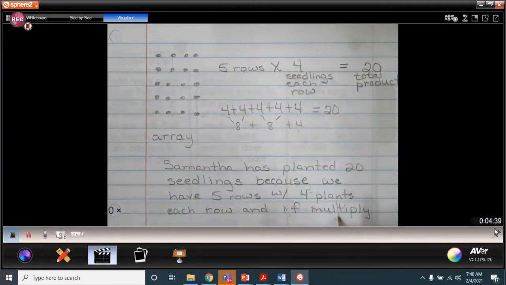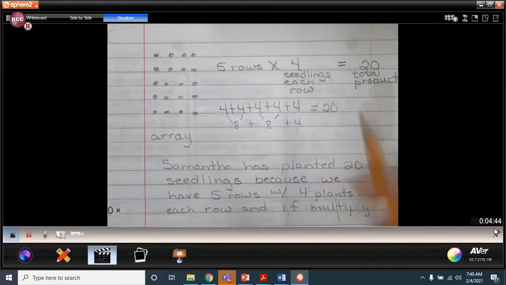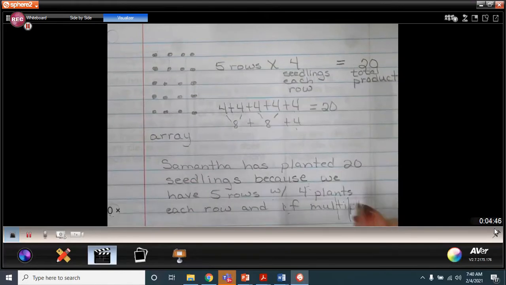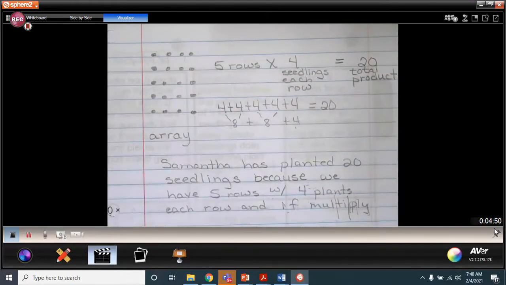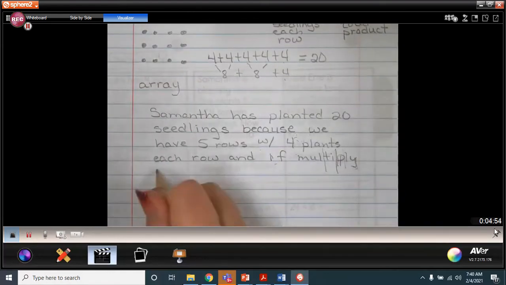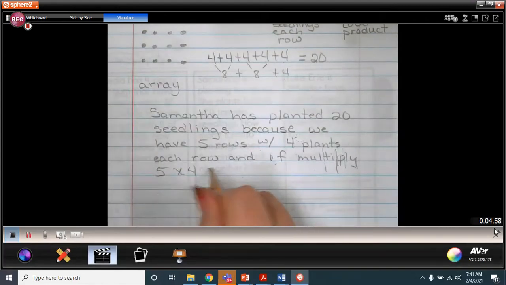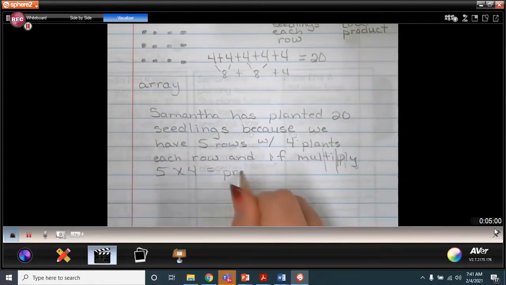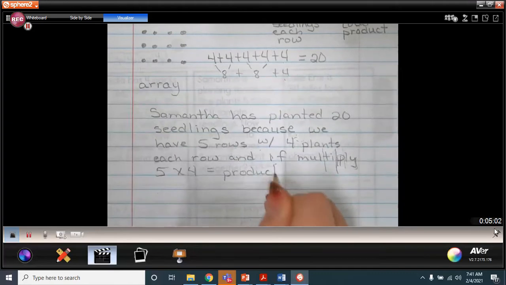If we were going to break this up, multiply. So it's got 3 syllables, if you're thinking about Mrs. Badger's way of breaking up your words there. And if you multiply 5 times 4, you get a product of 20.